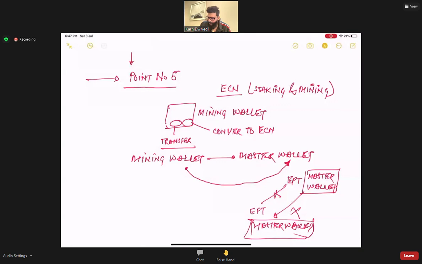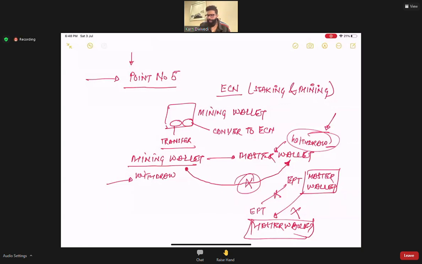So taking out money from mining wallet to master wallet, does it make any sense? From master wallet you have only the withdraw button, and in mining wallet also you have one solution, withdraw. This process does not make sense. It is just a waste of time, because the end result is withdraw either way.